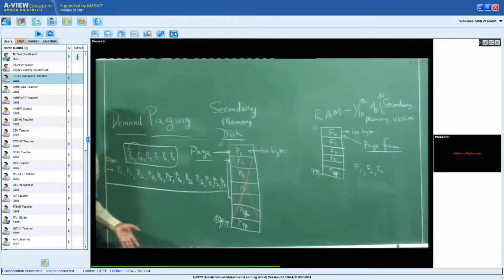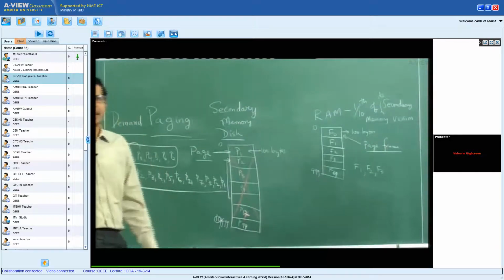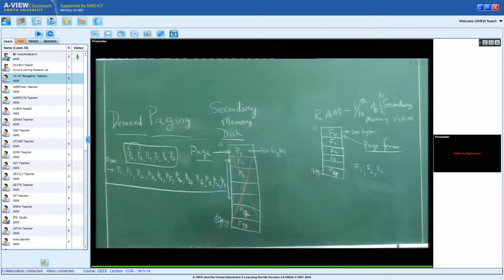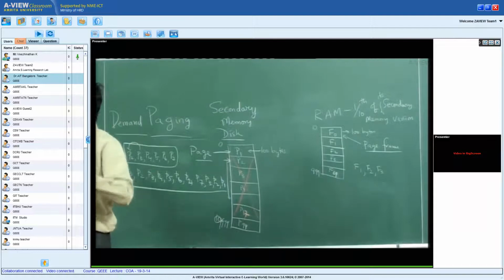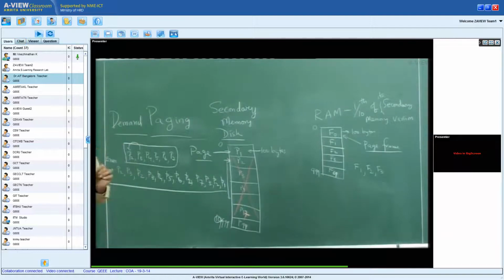This type of scenario cannot be handled with overlaying. The reason is that when I load P2, then I load P3, intermediately between P3 again P2 has to be loaded, again P3 has to be loaded. In the case of overlay, the compiler actually cannot compile such a program, because, as I mentioned to you, in overlay they have to compile the program such that they are all mutually independent.